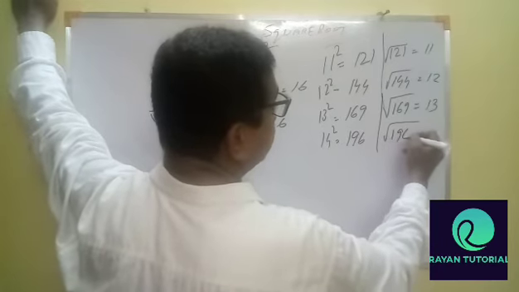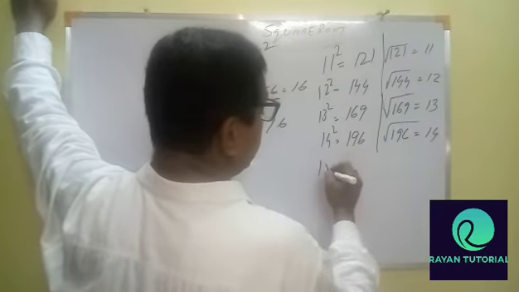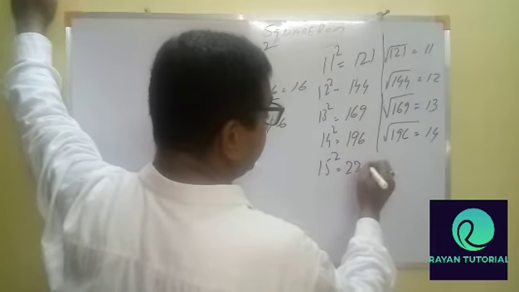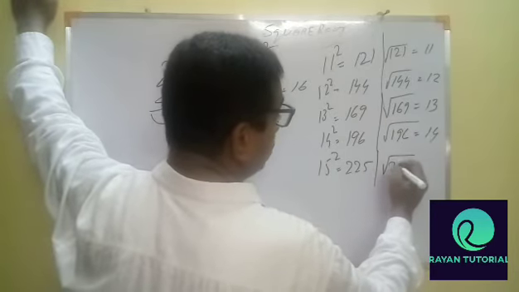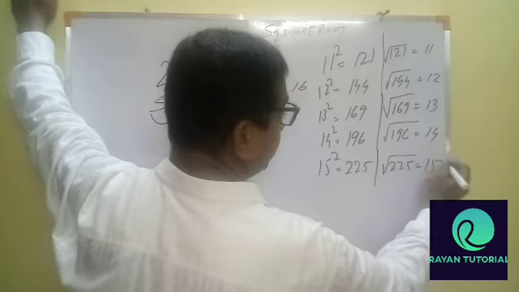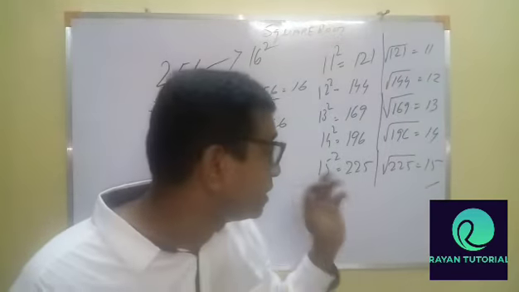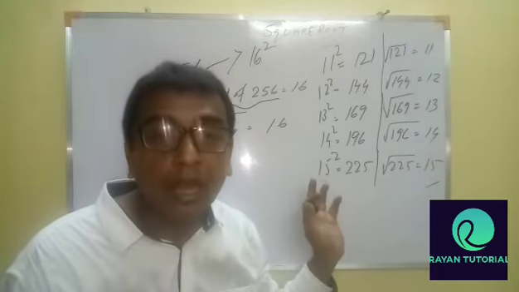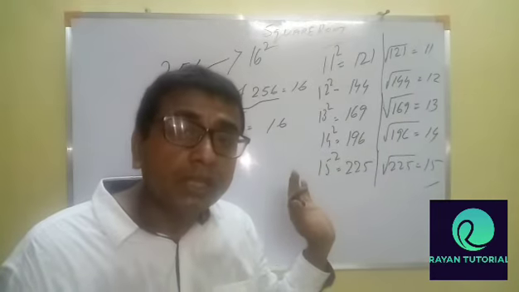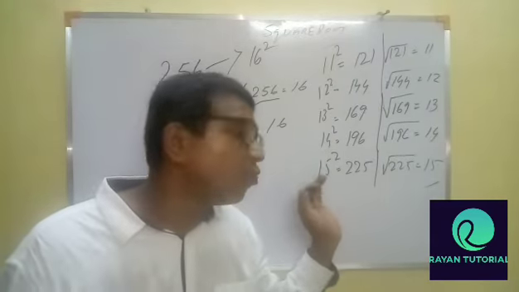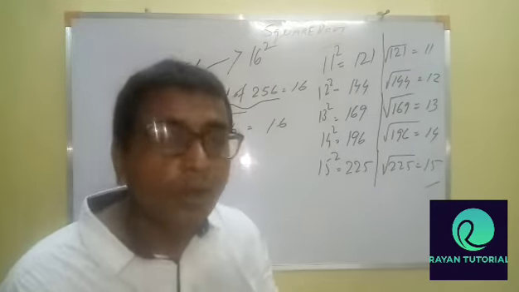Square root of 196 is 14. 15 square is 225. Square root of 225 is 15. If possible, please learn by heart or remember the squares of the numbers from 1 to 20. Okay?